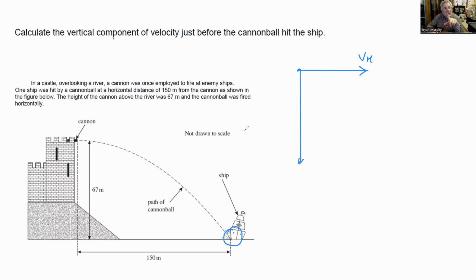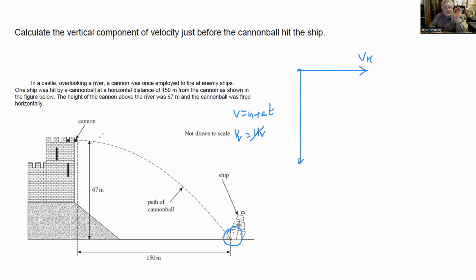We know how long it's in the air for. We know the acceleration. We know the initial velocity. Job done. V equals U plus AT is the equation. But we want V, the vertical velocity. The initial vertical velocity is 0.